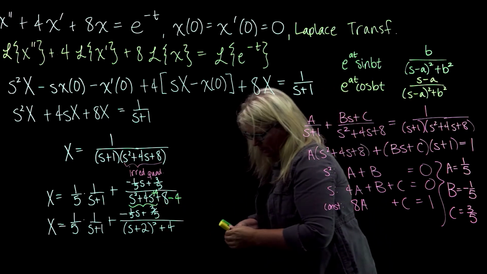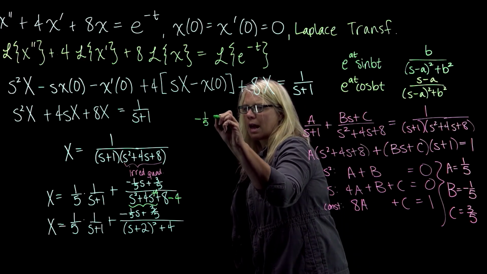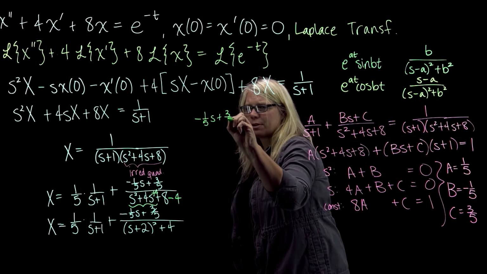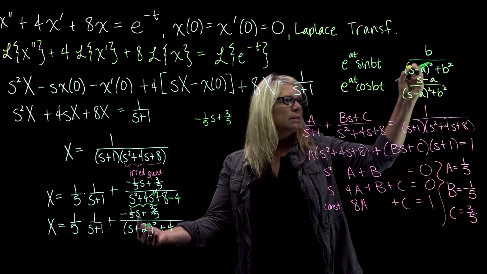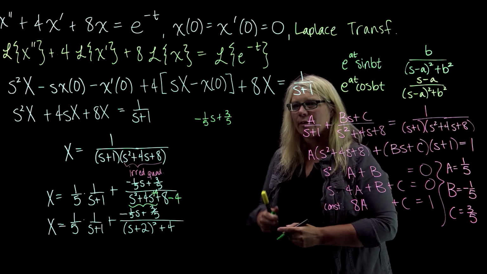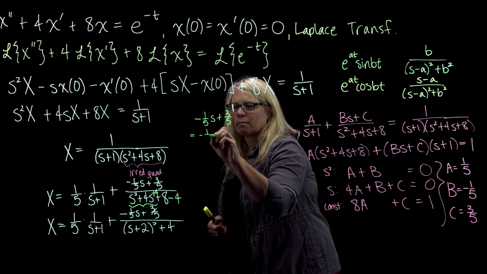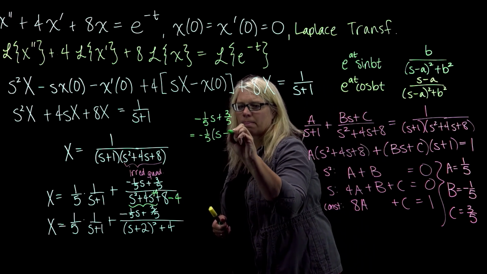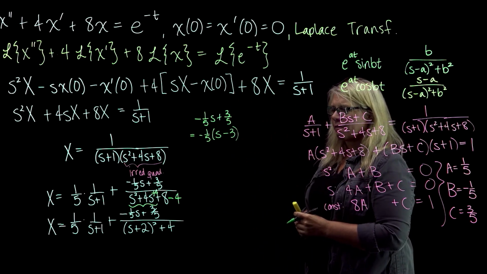All right, so this numerator, the -1/5 s plus 3/5, the first thing I would probably do is factor out the constant in front of the s. Notice that this does not have a constant in front of the s. So I'm going to factor out a negative 1/5. Be careful when you factor out the negative, right? Okay, so there's what I got when I factored out the negative 1/5.